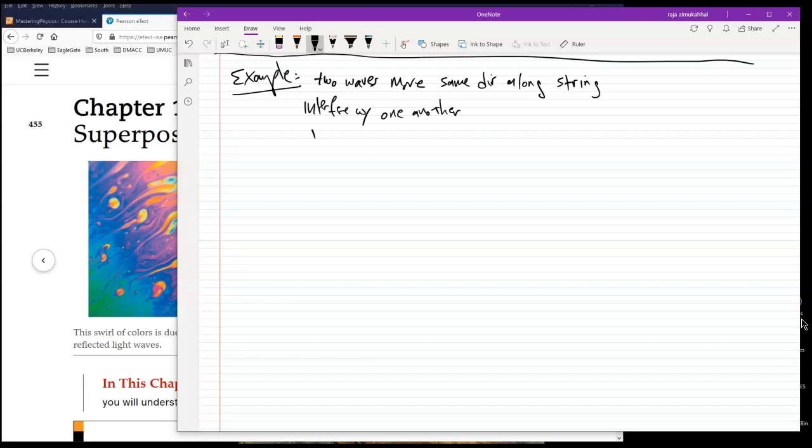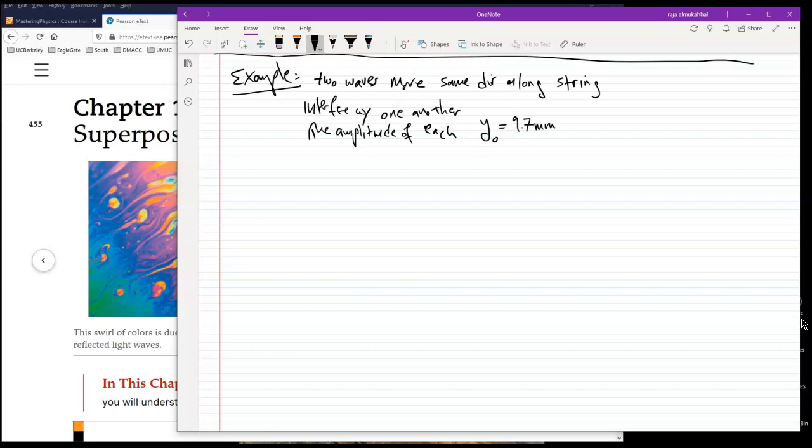The amplitude of each is y naught equal to 9.7 millimeter.